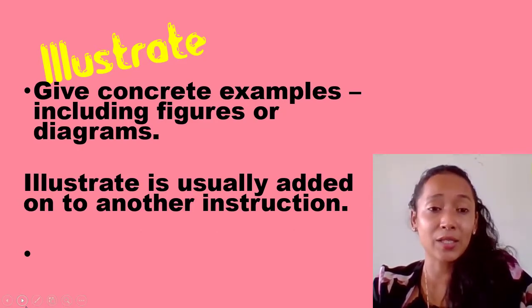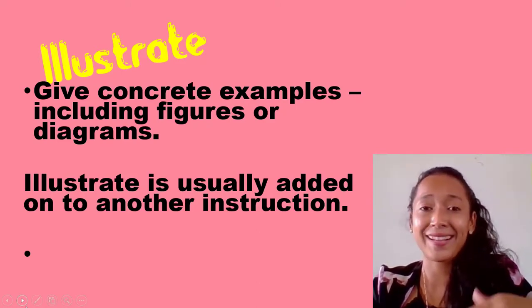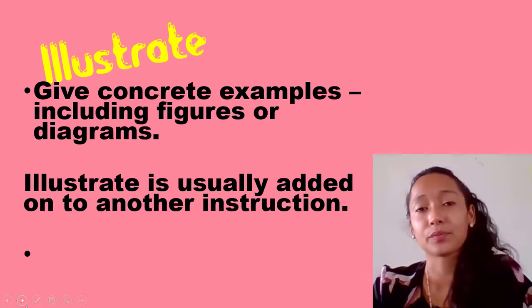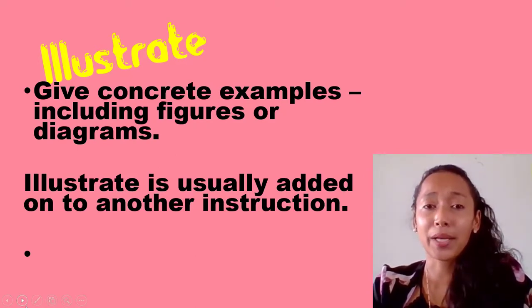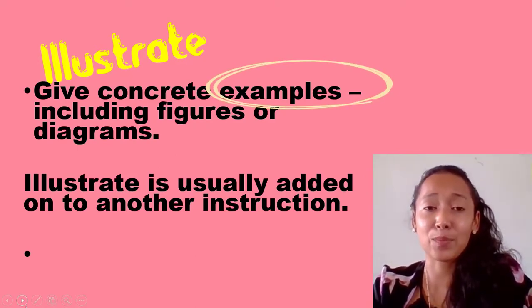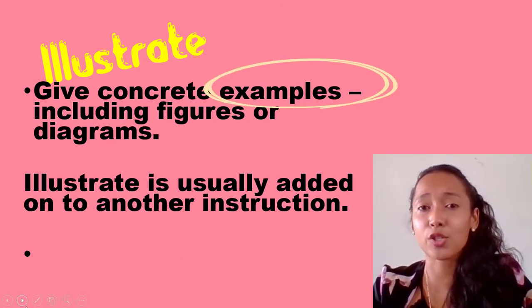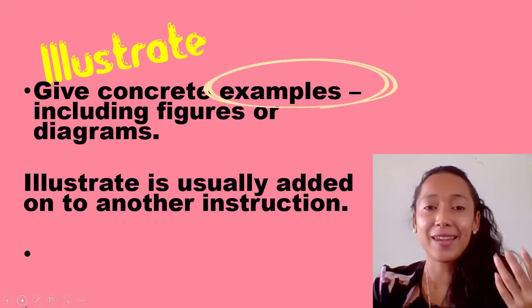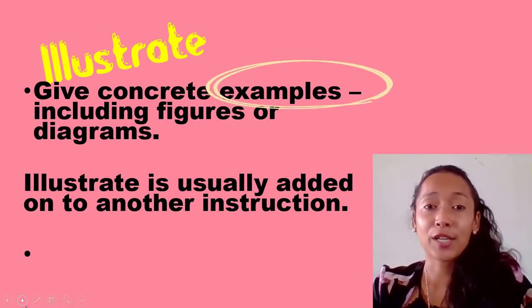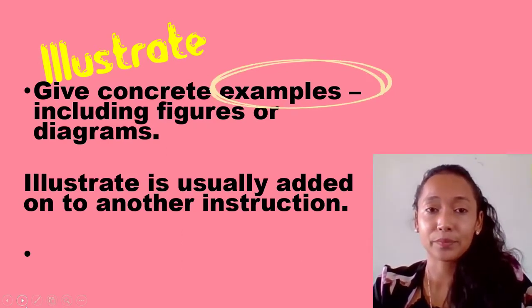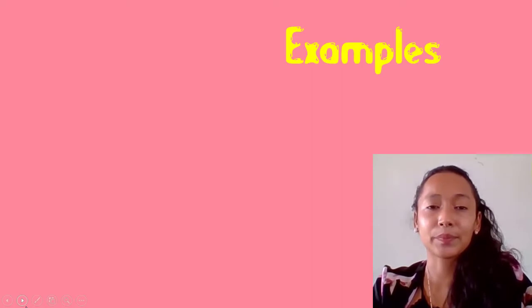Illustrate is usually added to another instruction. So besides the word illustrate, it might say illustrate and something else, right? But the key word here is example. So you're providing examples when they ask you to illustrate because you're creating some form of image in whoever's going to look at your answer.